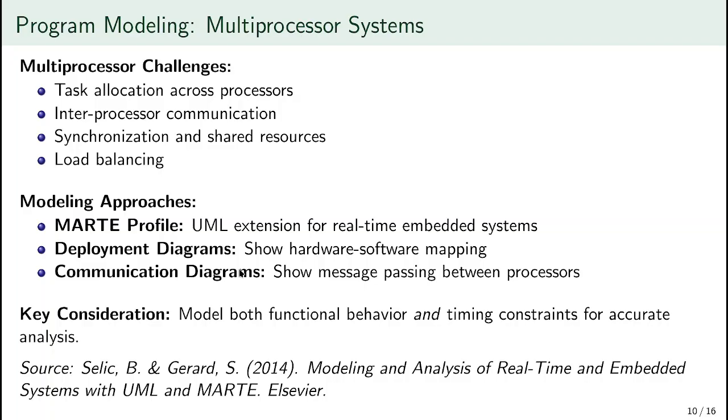In multiprocessor systems, complexity increases: task, communication, synchronization, and load balancing. We use MARTE, deployment diagrams, and communication diagrams to plan behavior and timing. The key consideration is to model both functional behavior and timing constraints for accurate analysis. If you just model functional behavior but avoid timing constraints, then it will not work properly.